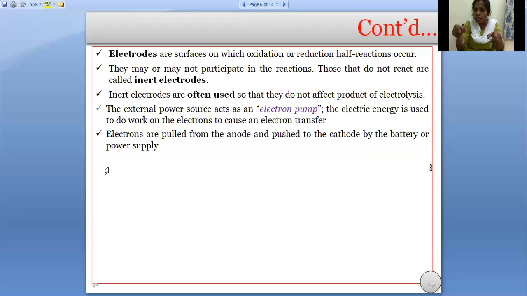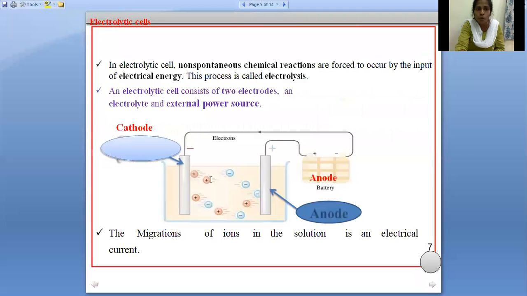Electrodes that do not participate in the reaction are called inert, and inert is nothing but not reacting. The external power source acts as an electron pump. The electric energy is used to do work.